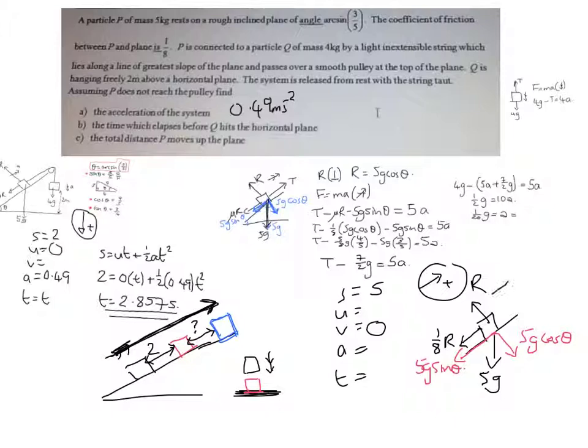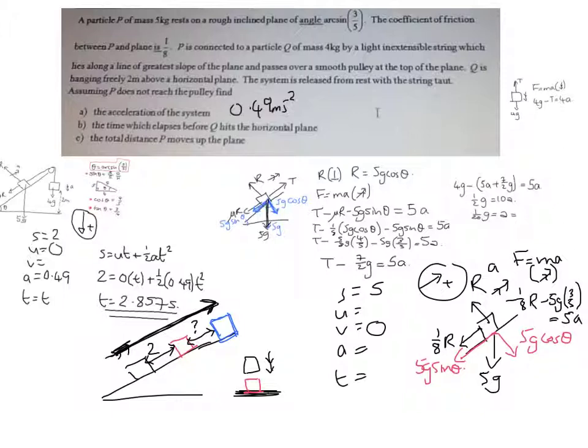It's accelerating down the hill, but I'm going to use up the hill as positive. So using F equals ma, up the hill, then we get minus 1/8 of R, minus 5g sine theta, which is 3/5, equals the mass 5 times the acceleration.